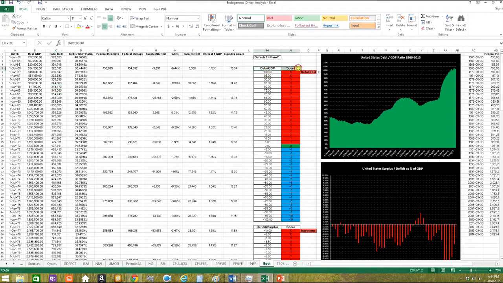And here we actually have our scorecard for debt to GDP ratio, so the debt to GDP percentage. And you can see here, the higher we go, the higher the level of default risk and the more inflationary we have all the way up our scorecard.